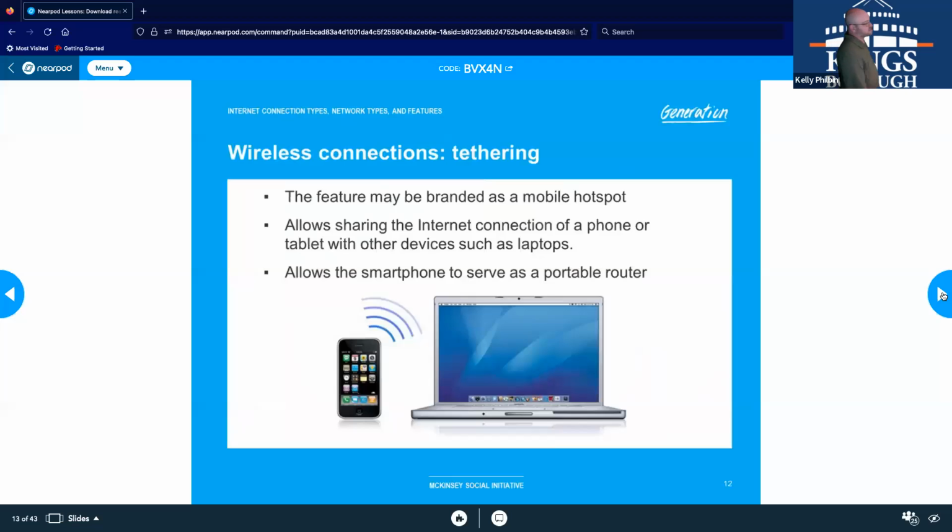All right, wireless tethering. For the most part, when you think of tethering, think of it in terms of a wired connection. You would plug your phone into the USB on your laptop, and then your laptop would share the cell signal of your phone.